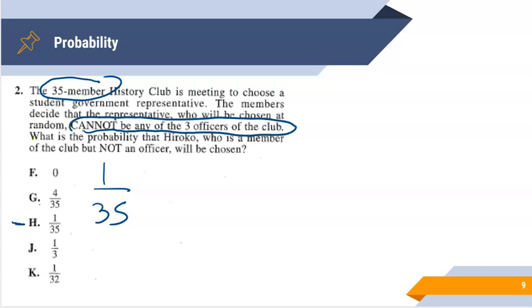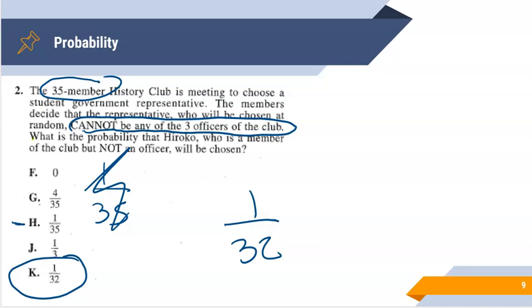So some people might think, well, okay, can't be one of the 3 officers in the club. So if there's 35 members, take away the 3 officers. Now there's only 32, and we're picking 1 out of the 32. Got to be a letter K, right? Be careful with your reading on this, right? That one was a little bit tricky. And for number 2, it's kind of a bit of a stinker as well.